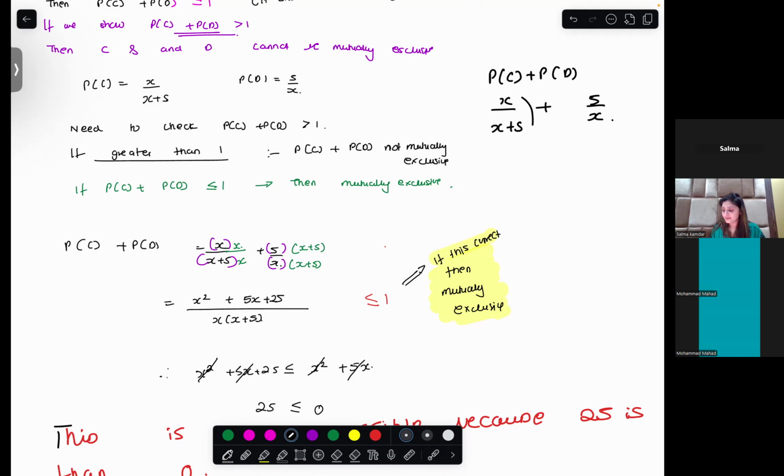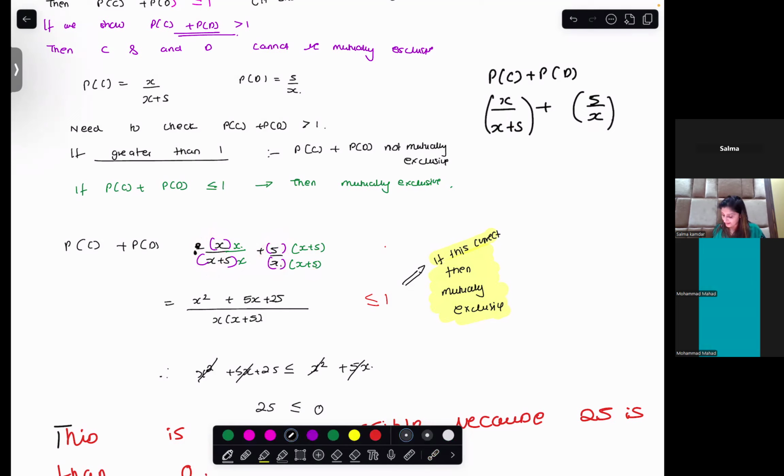Now, if I want to add both of these together, I need to have a common denominator. That means this part does not have x and this part does not have x plus 5. Are you with me? Yes.